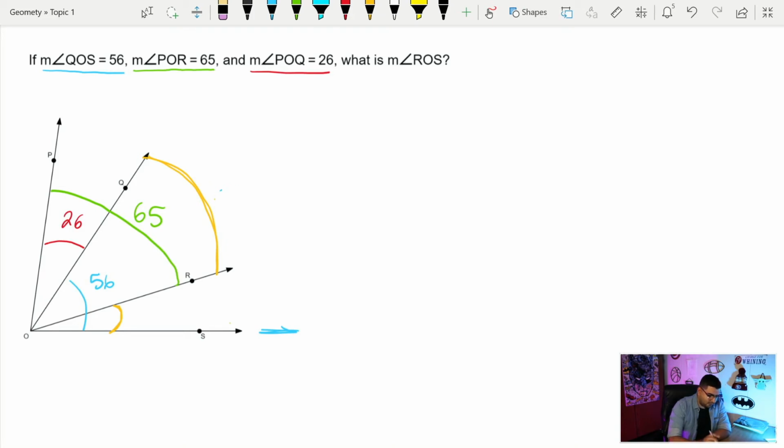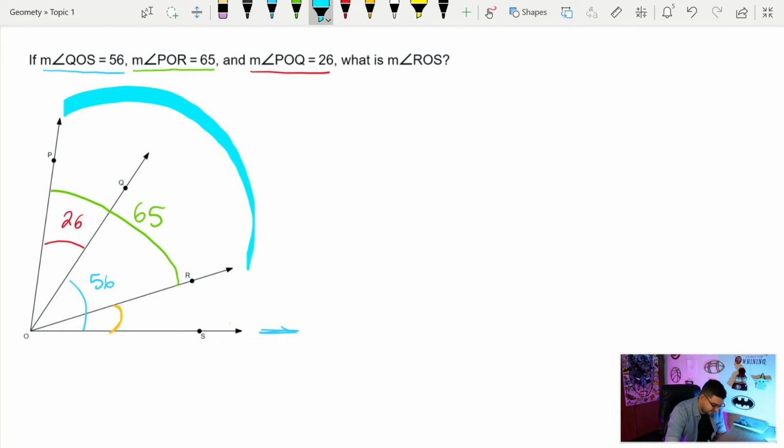Well, there's actually a way to figure that piece out. This is an angle that we do not know the measure of, but there's a way to figure it out. Because we know that this whole length, going from P to R, is 65. And we know that this length is 26.